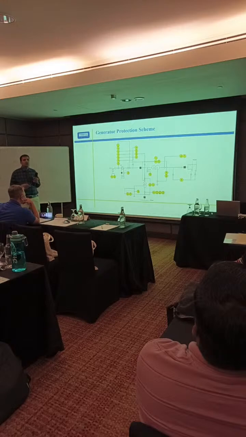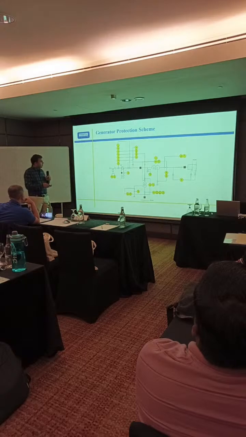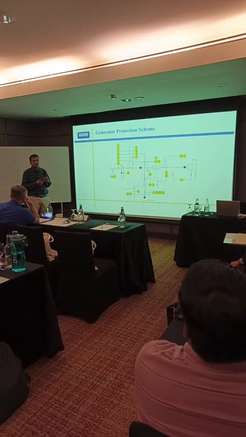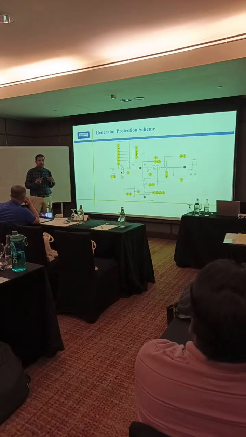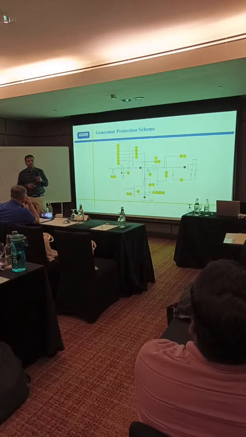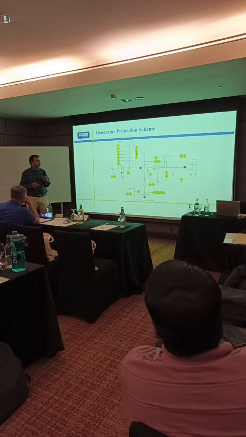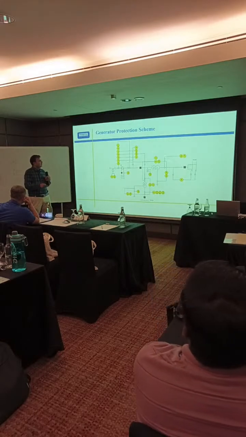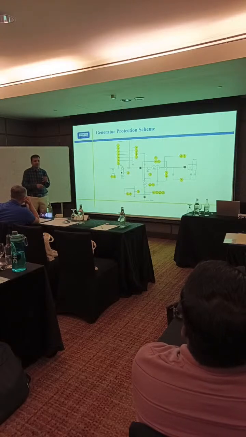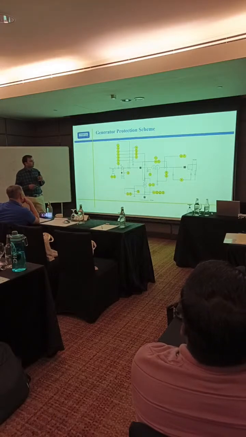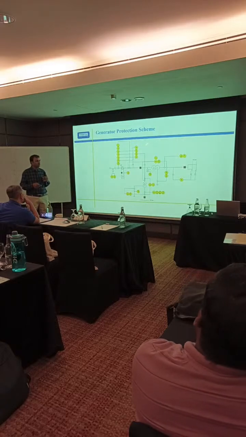It is not that it will never detect, but due to this grounding, if earth fault current will not flow, then how can it detect? But these are the systems which can effectively detect all these conditions. Last time when we did this, we discussed all these protections in slight detail, not much detail, but at least what these functions are, how we test this, and how we can detect the different types of fault.